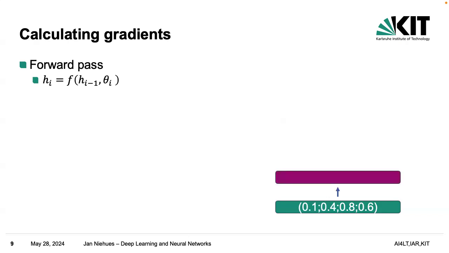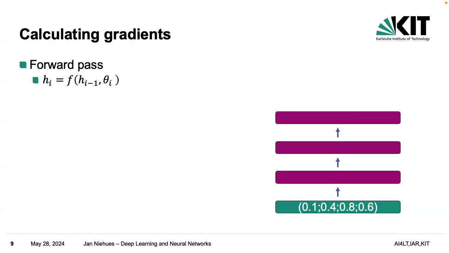We go step by step: take the first function and calculate h1. Based on h1, we can calculate h2. Based on h2, we can calculate h3, and so on until we have calculated our output. So this is what we'll refer to as the forward pass, and that is the first step in the training.